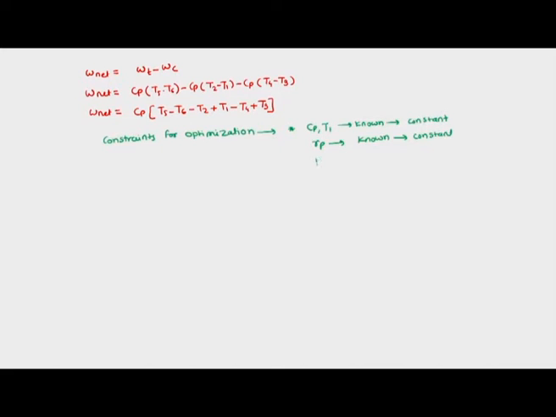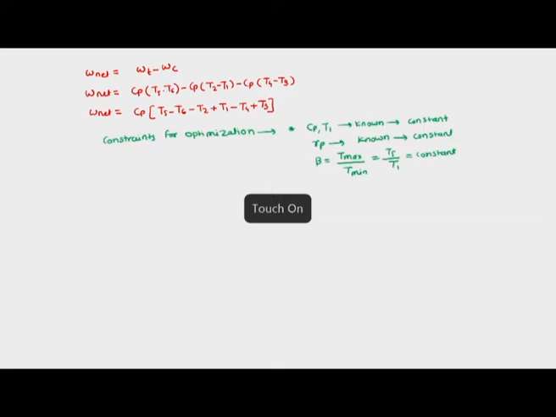And the next constraint is beta, which is T max upon T min, and in the present case T5 upon T1 is constant. So for these three constraints we will do the optimization.